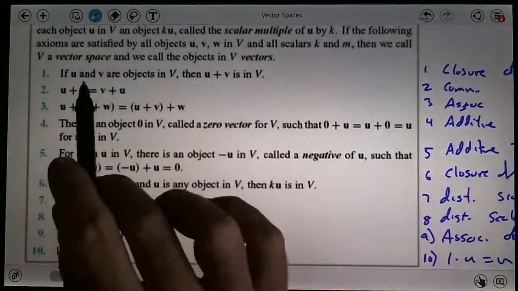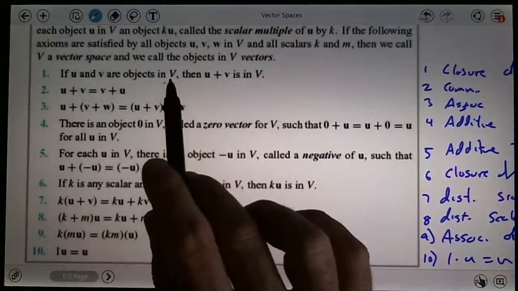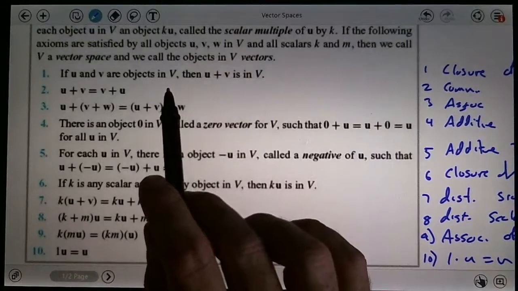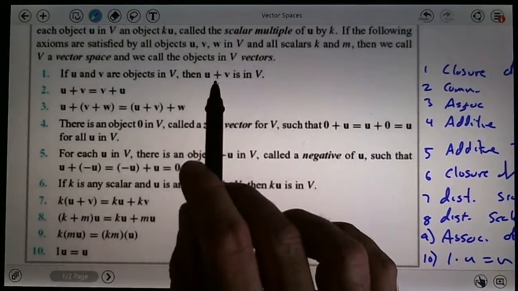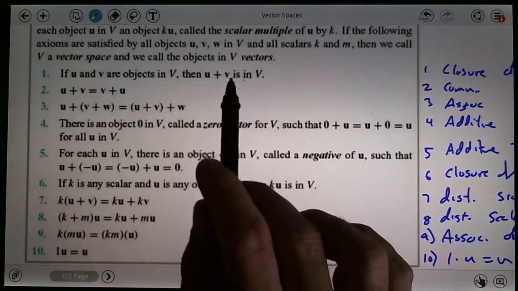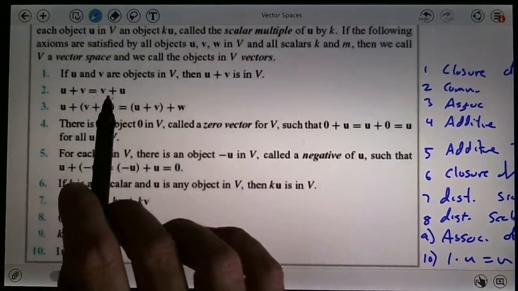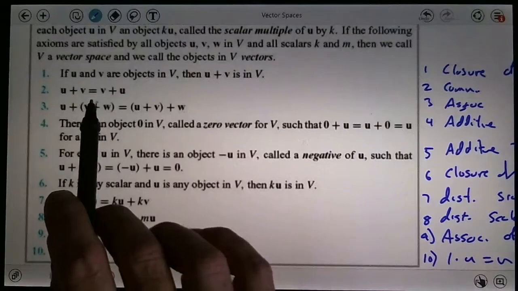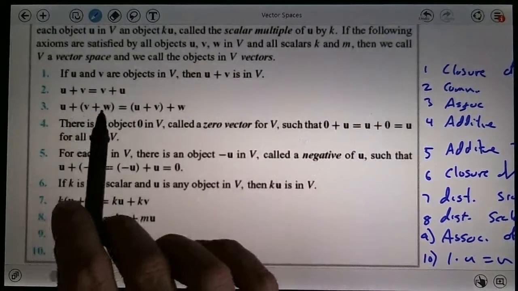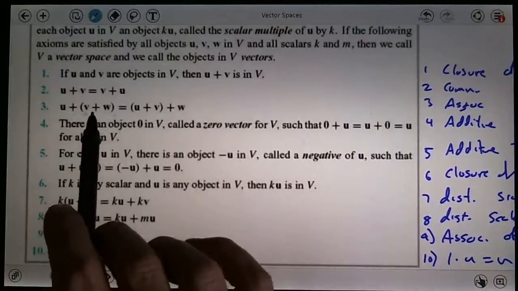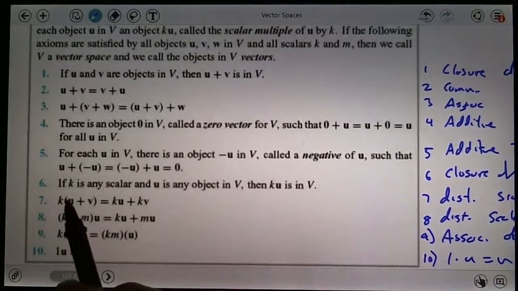So I go back up here and I say, if I add 2 vectors, is the sum, so if I started with 2 matrices that were 2 by 4, did I end up with a matrix that's 2 by 4? Yes. Okay, so that one's satisfied. Is addition commutative? Well, I happen to know that addition of matrices is commutative, so yes. Is the addition associative? Well, we've already actually proved that earlier in the quarter, that addition of matrices is associative.